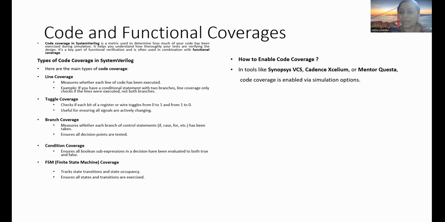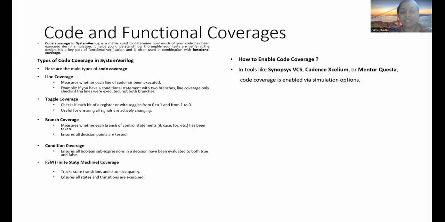The third is branch coverage, which measures whether each branch of control statements, like if, case, for, etc., has been exercised. It ensures all decision points are tested. Conditional coverage ensures all Boolean sub-expressions in a decision have been evaluated to both true and false.